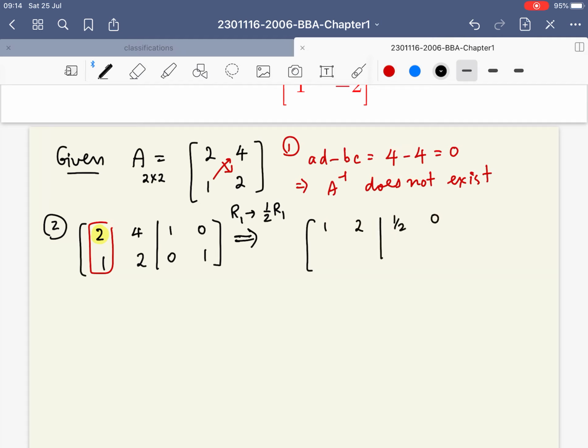You just simply divide it by 2 all the way, but your R2 remains the same. And then you are going to eliminate the other entry on that column, which is right here, the 1.